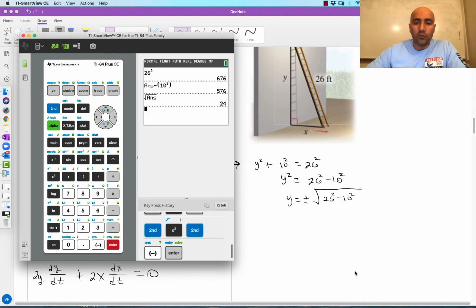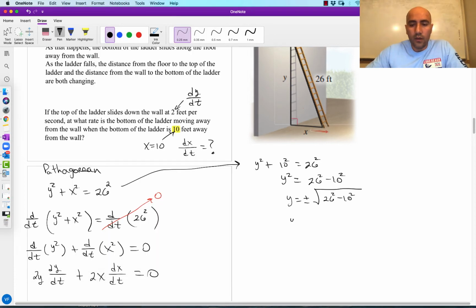So y equals plus or minus 24 from the math, but we know from our picture that y can't be negative, right? Y is a distance, so we don't want the distance to be negative. So we're going to ignore the negative. And so y equals 24.